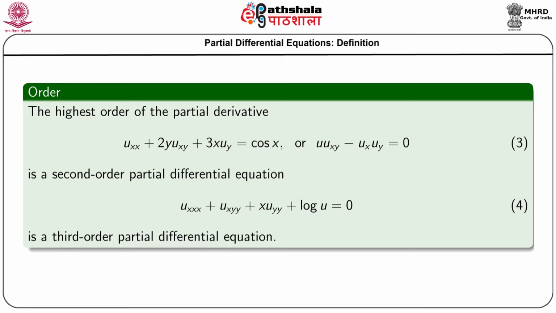So, equation 3 gives examples of second order partial differential equations. Now, in equation number 4, the highest order partial derivative present is 3. So, this is an example of a third order partial differential equation.